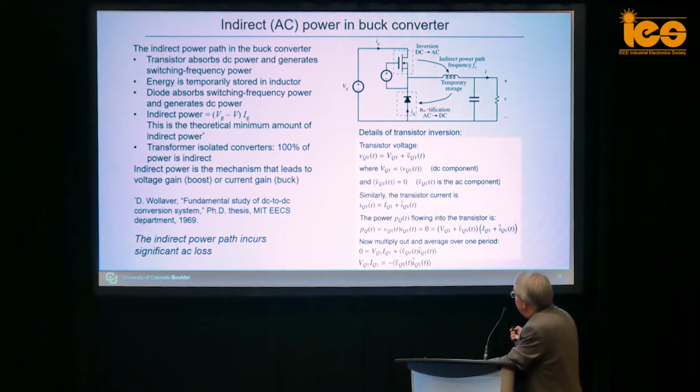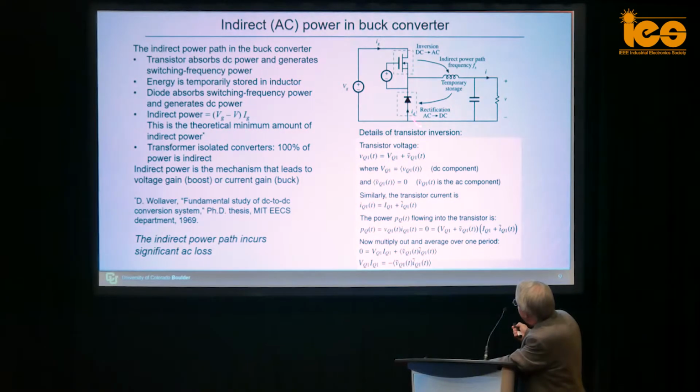So this process of indirect power flow has a lot higher loss than direct power. If you just turn the transistor on and connect the input to the output so the converter doesn't do anything, you have very low loss. That's only the conduction loss of the transistor and the DC resistance of the inductor winding generating loss.